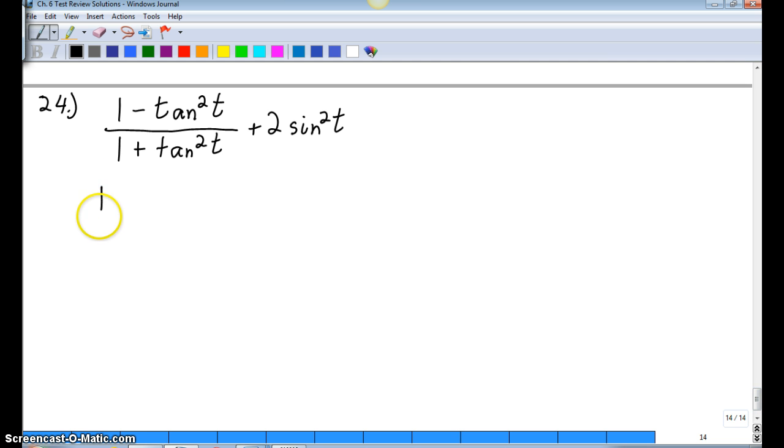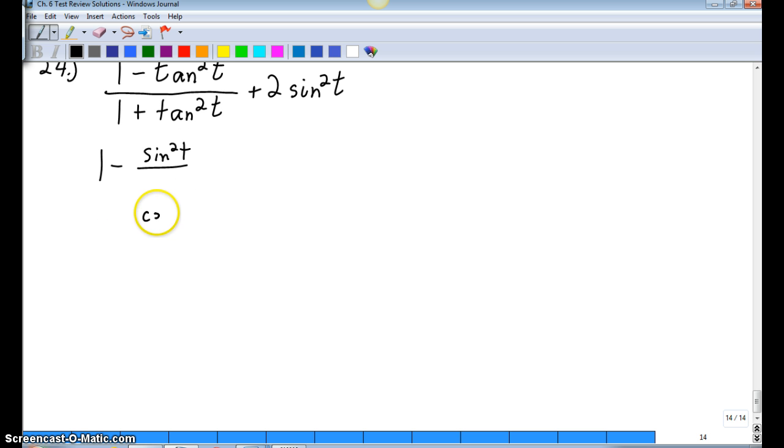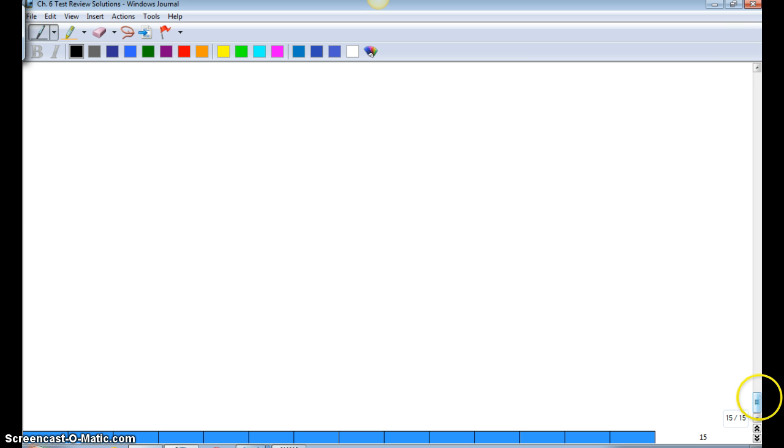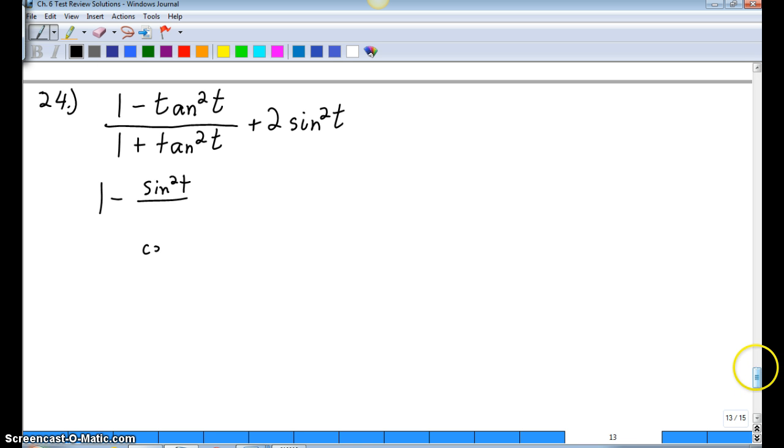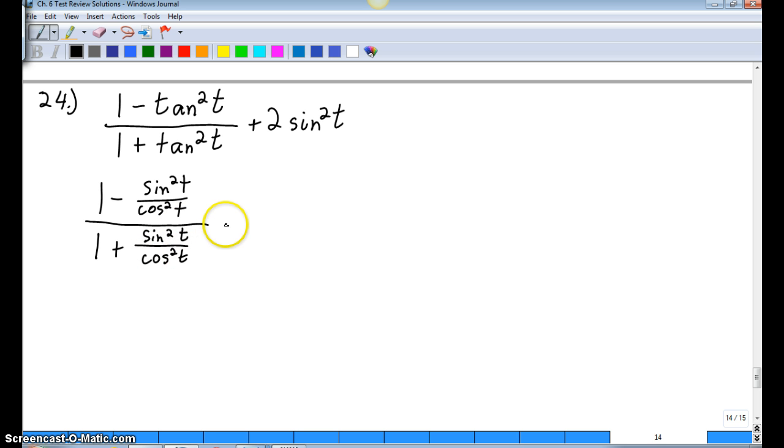So what we end up with here is 1 minus sine squared over cosine squared, over 1 plus sine squared over cosine squared, plus 2 sine squared.